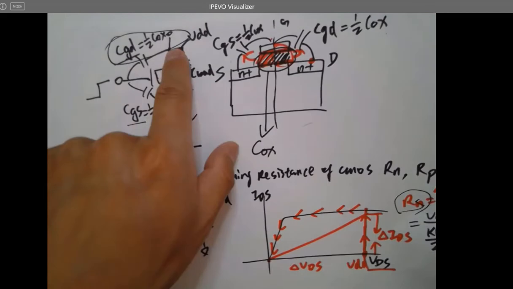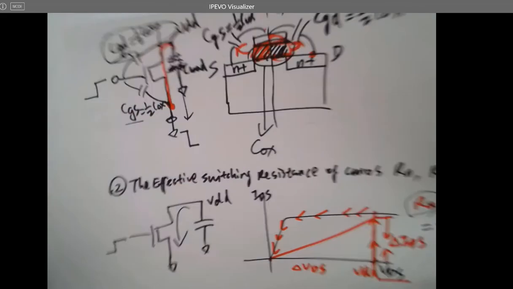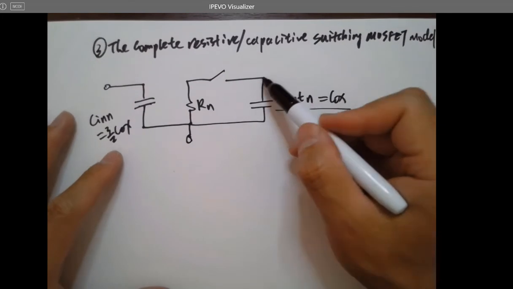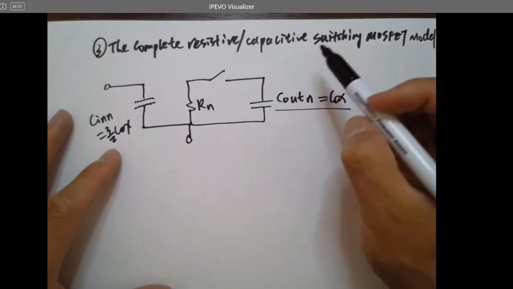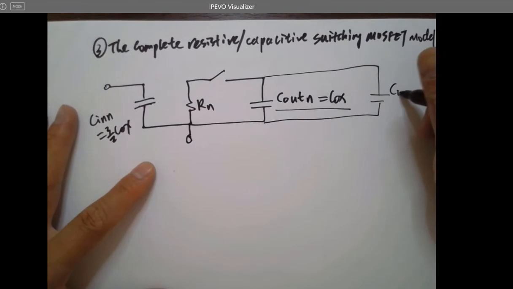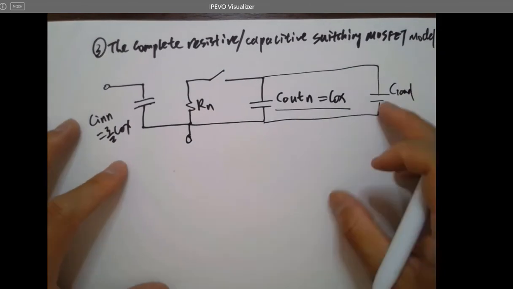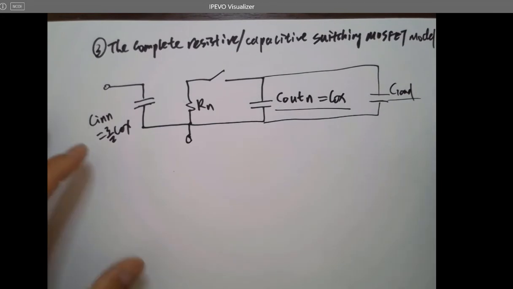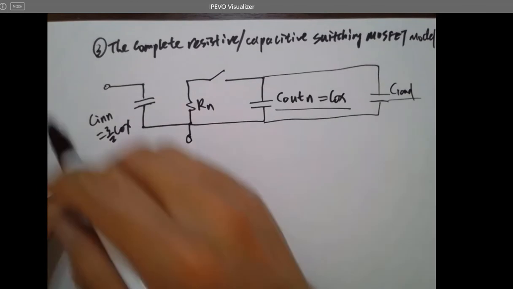Just look at the output terminal, you're going to have a Cox over there, right? We don't have a load capacitor here yet. If you want to add a load, it's a load capacitance in parallel, so we can just directly add this C load to the C out. So here's the model for the NMOS.